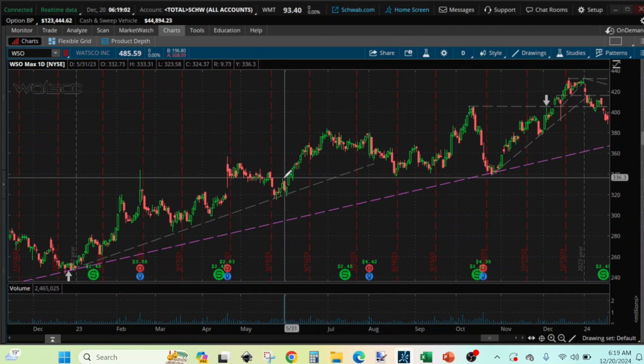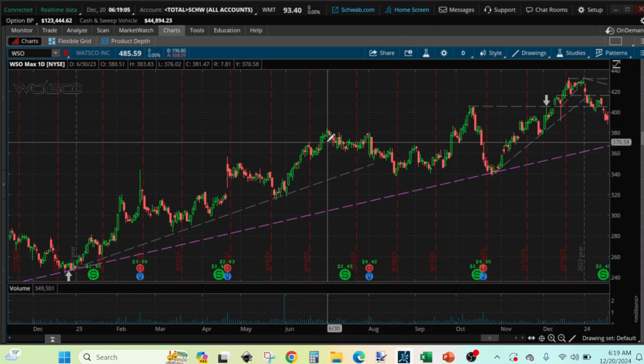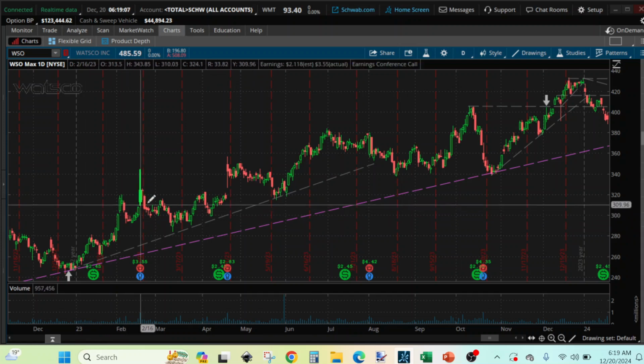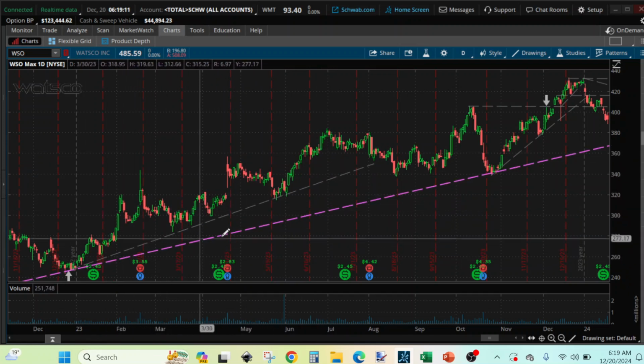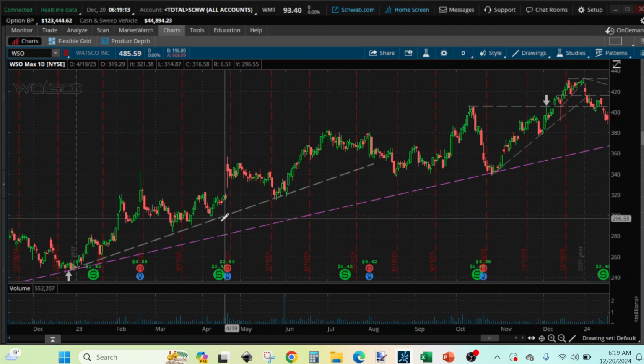I don't really know what I'm looking for here, but I just want to see how it behaved during the previous year before 2024.